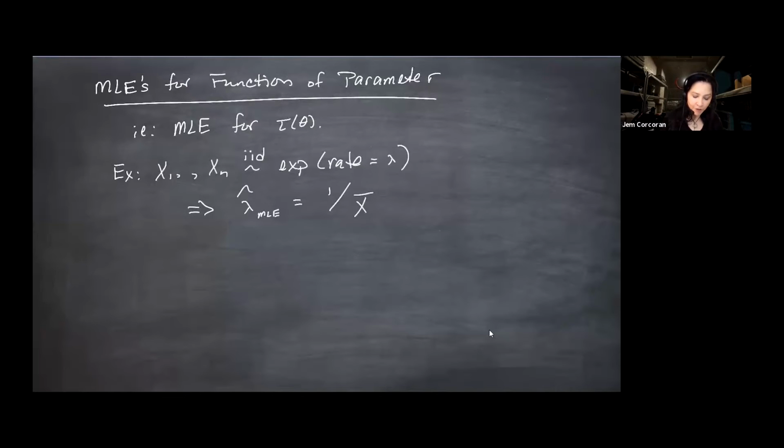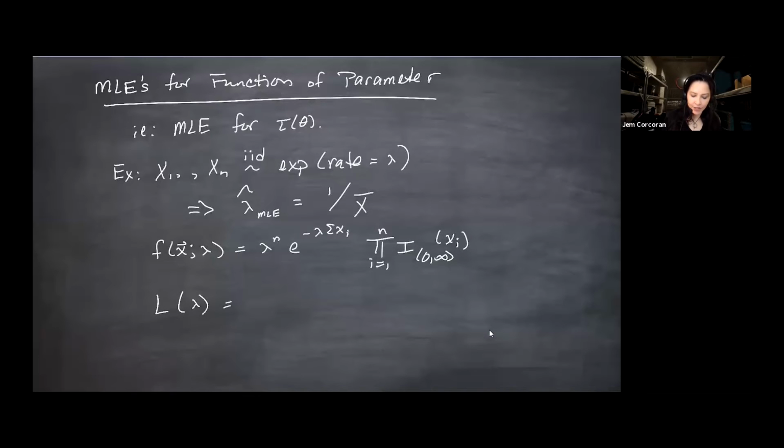This comes from the fact that the joint PDF looks like lambda to the n e to the minus lambda times the sum of the x's, times a product of indicators that is not important if the parameter is not in there.